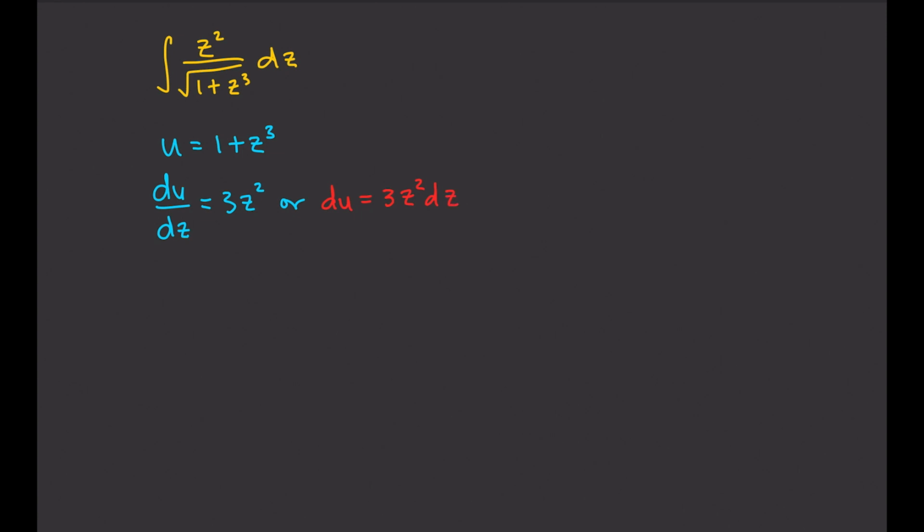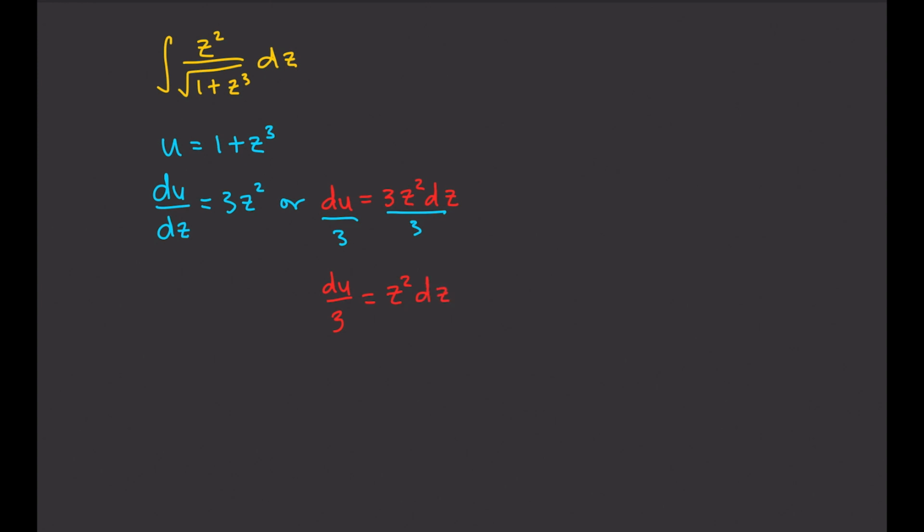And since we don't have a 3 there, what we're gonna do is divide this by 3, so that finally we have du over 3 equals z squared dz.